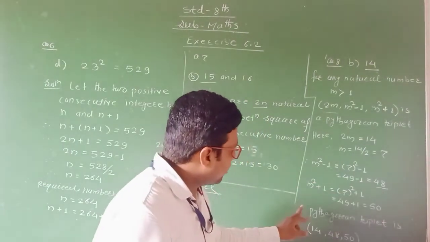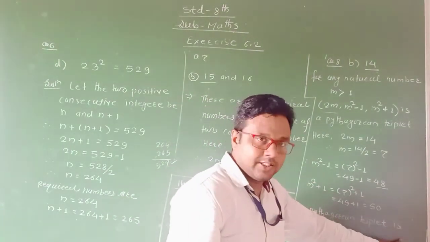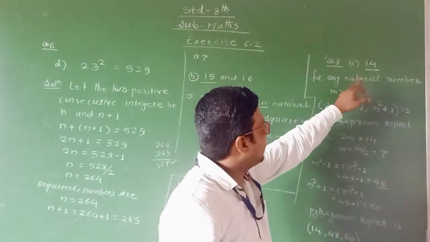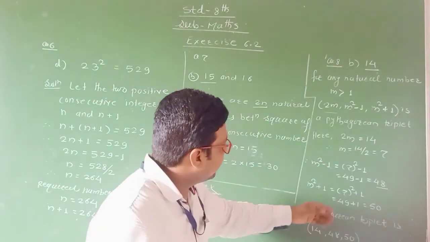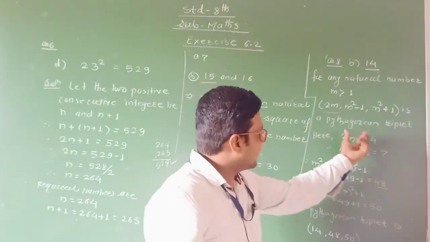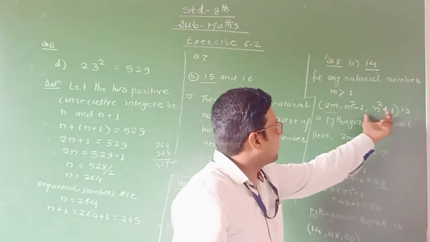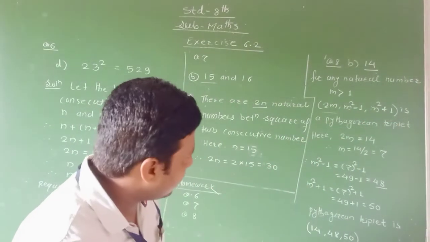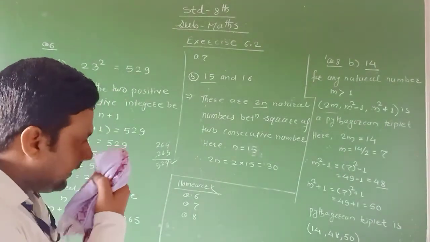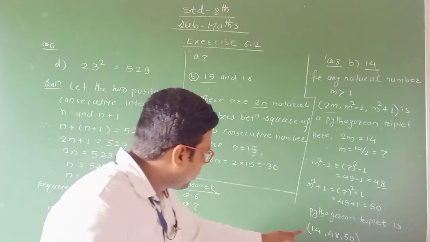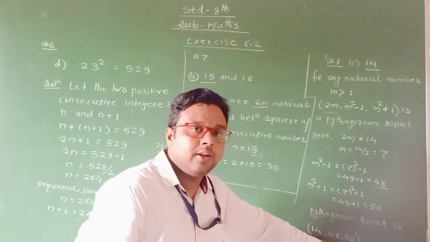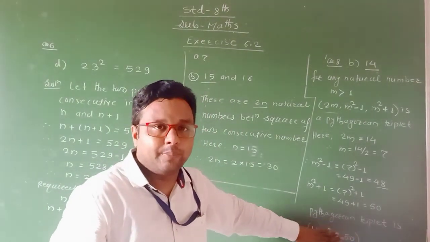Therefore, in the Pythagorean triplet, one number is already given, which we consider 2m, equal to 14. Then m square minus 1 is equal to 48, and m square plus 1 is 50. These numbers represent a Pythagorean triplet. Therefore 14, 48 and 50 are the Pythagorean triplet.